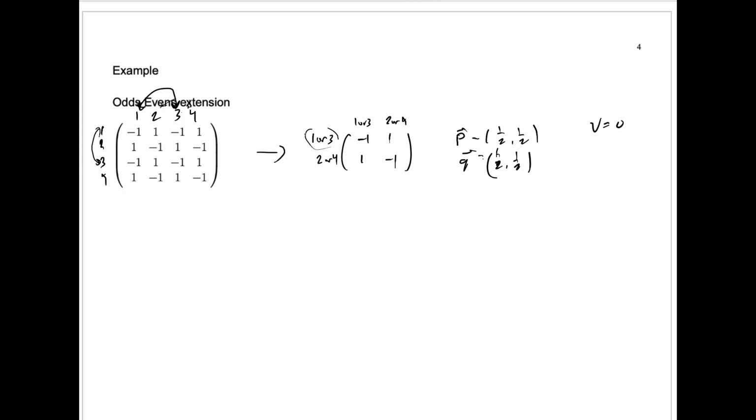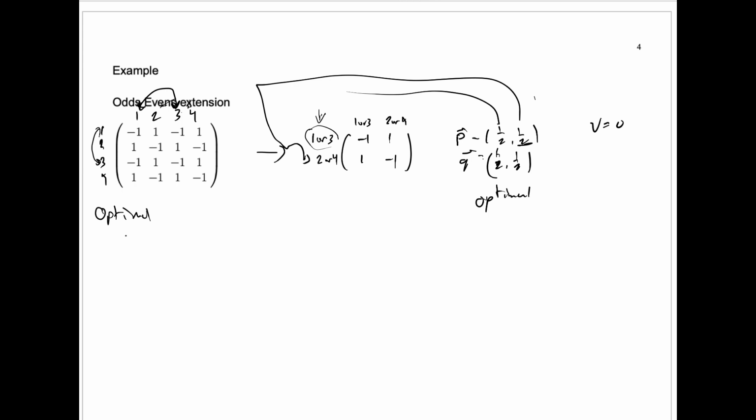So if we know that 1 or 3 gets probability 1/2 for player 1 in an optimal strategy, and the 2 or 4 gets probability 1/2, that means in the original game we split that 1/2 for the 1 or 3 into 1/4 for 1 and 1/4 for 3, and we can split the 1/2 here for the 2 or 4 into 1/4 and 1/4. So that tells us very quickly that the optimal strategies are just 1/4, 1/4, 1/4, 1/4.